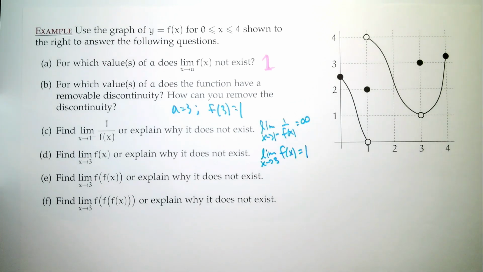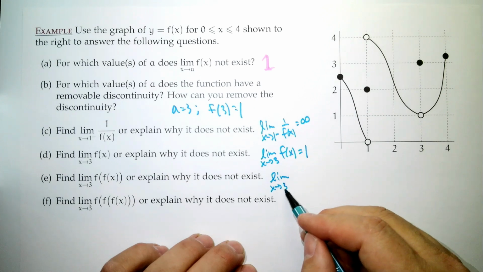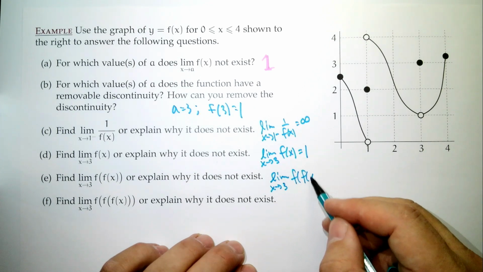So, what does the function do? f of x as x gets close to 3. What's the answer? Limit as x gets close to 3 of f of x.